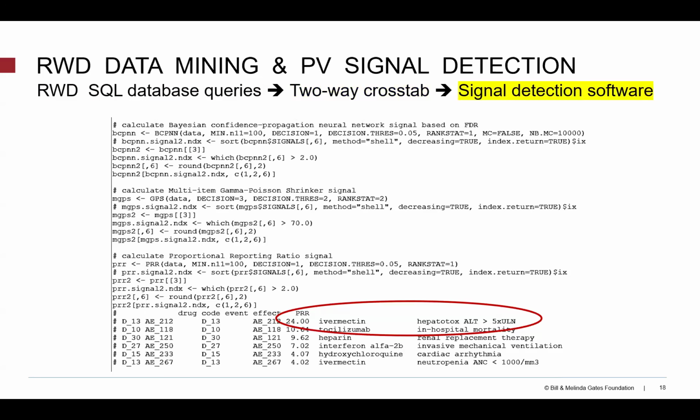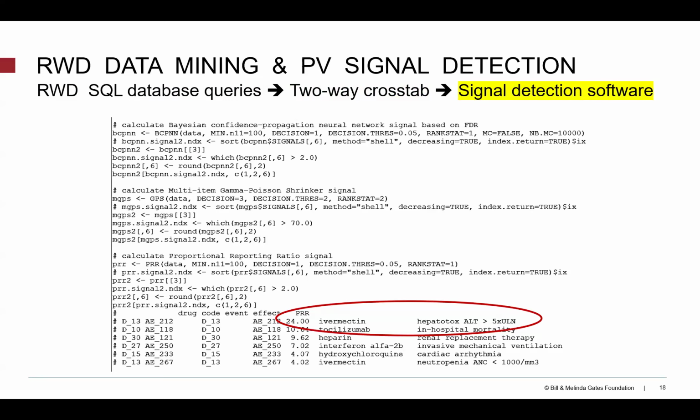And what you come out with is an indication that for the ivermectin, in this context, you do have the presence of a signal, a proportional reporting ratio of 24, very high, for hepatotoxicity, alanine aminotransferase, greater than 5 times the upper limit of normal.